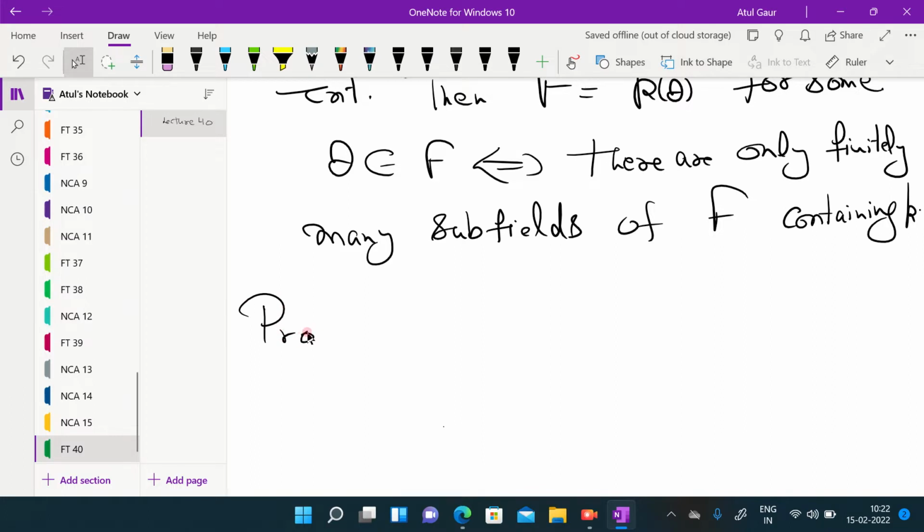So first, suppose that the extension is simple.